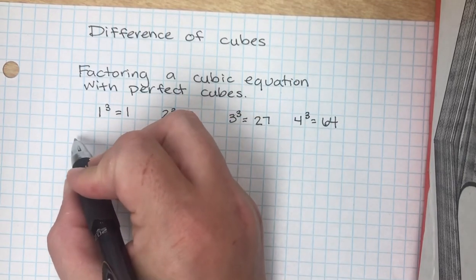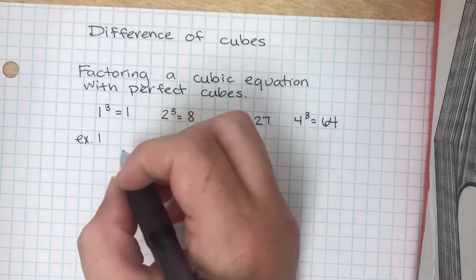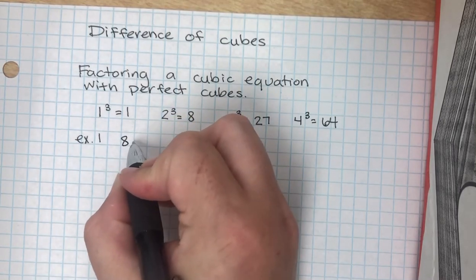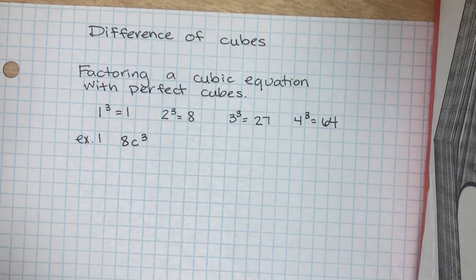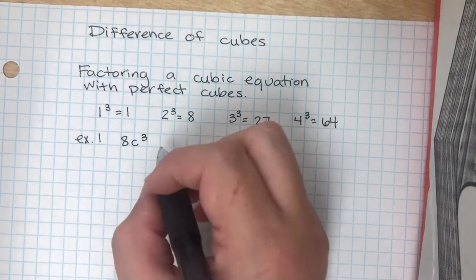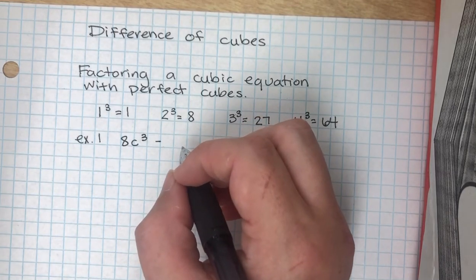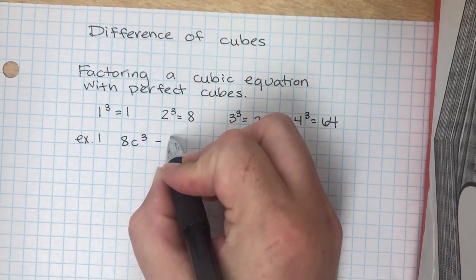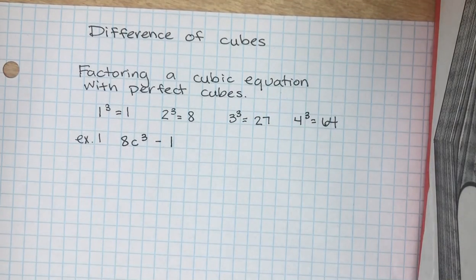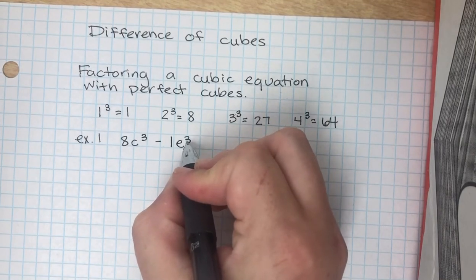So an example of this one, because otherwise I'm just kind of talking into air, is going to be 8c to the third, and let's do minus, let's keep it easy, 1. And let's do a different letter, e to the third.